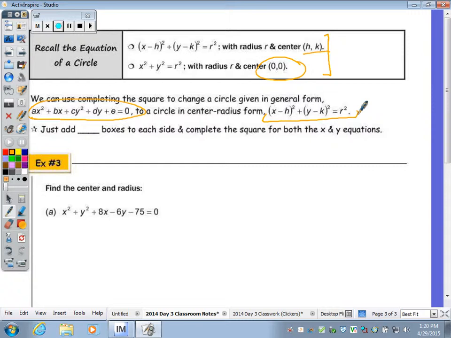So what's different here is that if you look down below, we have some x terms and we have some y terms. So what we're going to do is complete the square for both trinomials. So what we're going to add this time is 2 boxes to each side rather than the 1, because we have an expression with x's and we have the expression with y's.